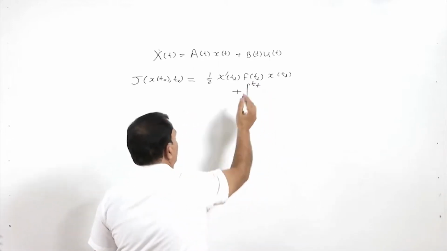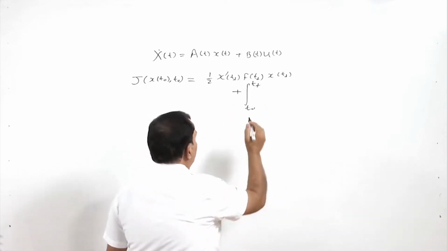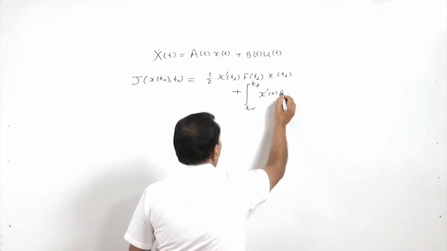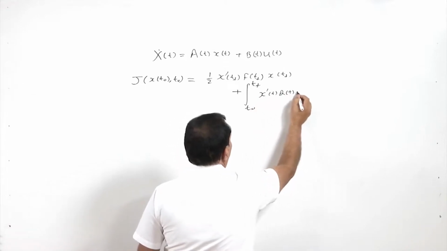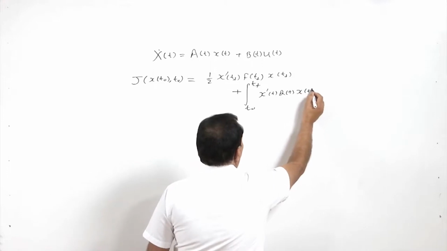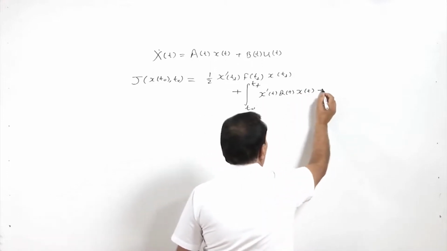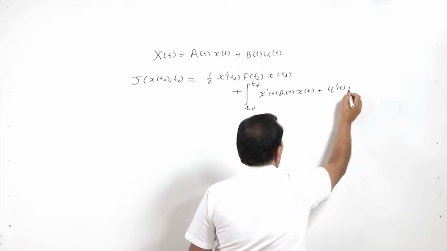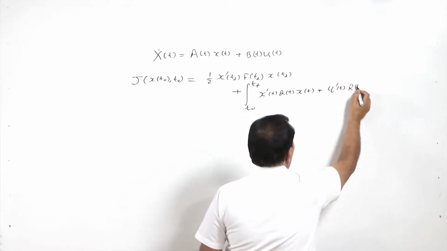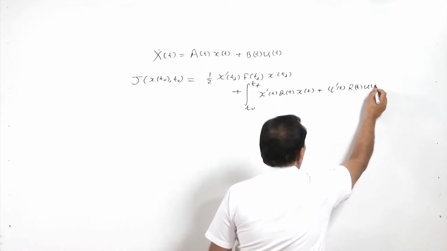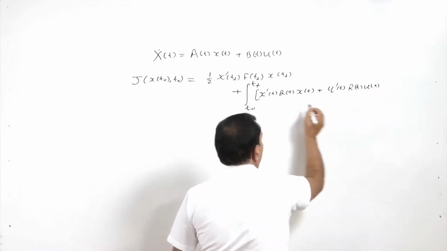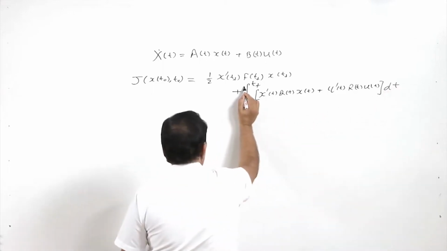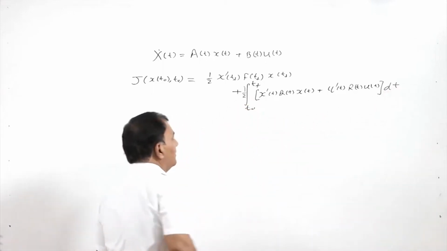It is my finite time regulator problem, and this is x prime Q x plus u prime R u dt, and the half we use here for our simplification.